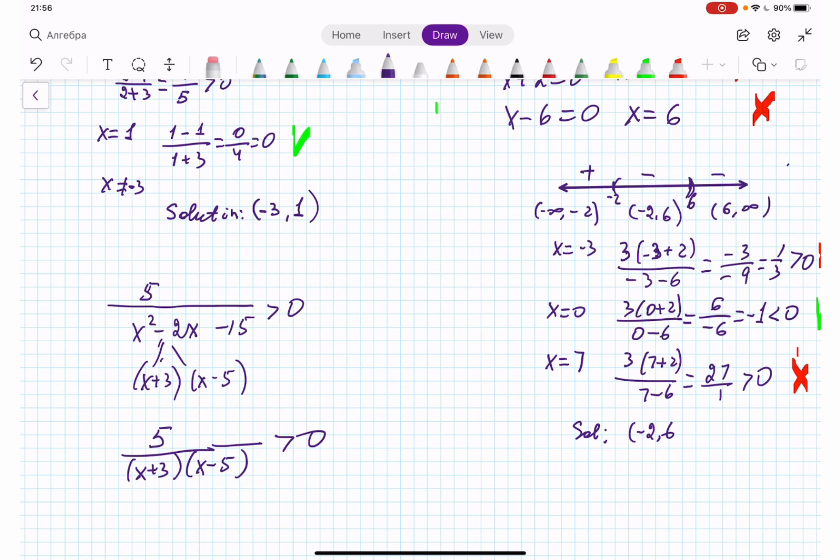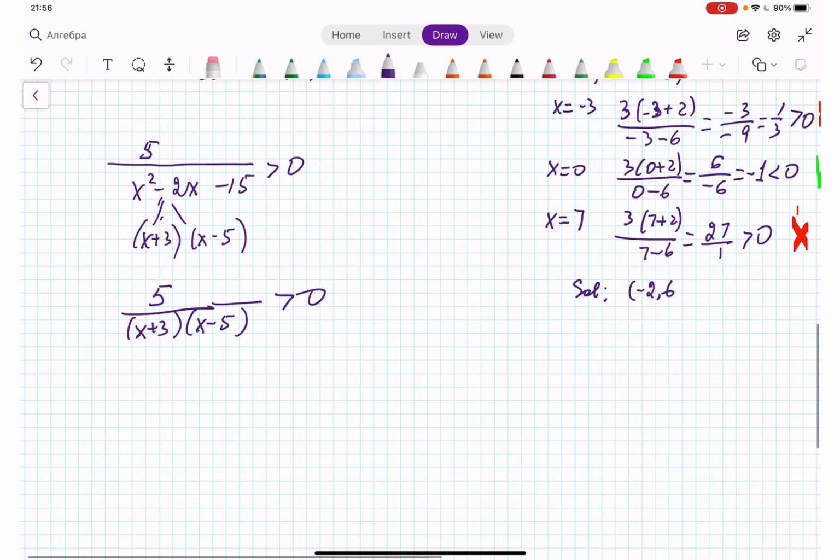Okay, let's find critical points. So x plus 3 times x minus 5 is equal to 0, right? That's going to be a critical point because the denominator becomes 0.